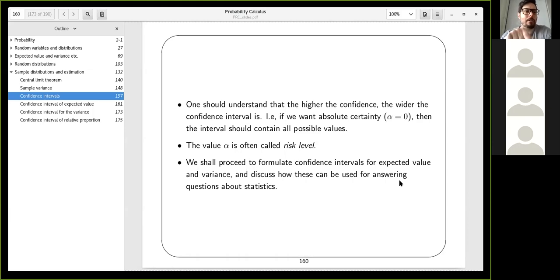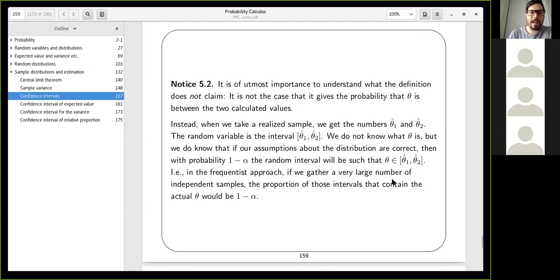The hat above the theta, yeah, that's a good question. The hat here means simply that as opposed to this actual theta, this is an estimation of theta. When we use the hat, then this theta is not a random variable, it's some parameter. So this hat theta here means that this is something that we calculated from the sample, and it's an estimation of this theta.